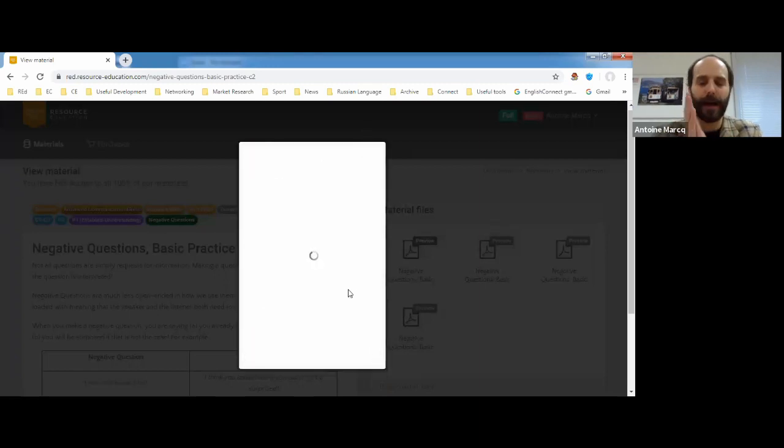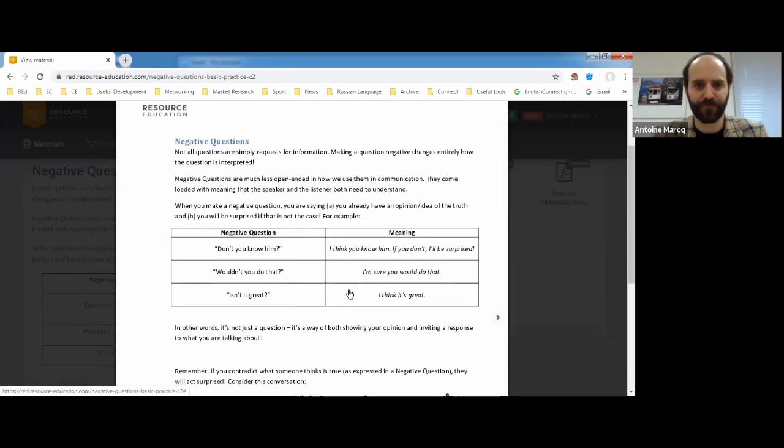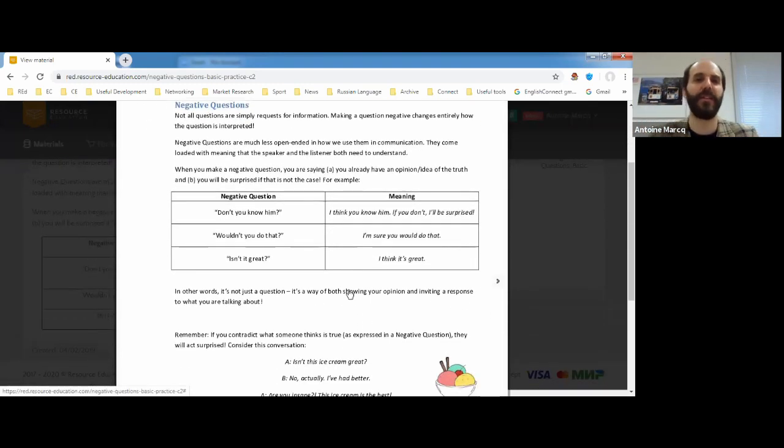I want to start with this one because this is not a difficult soft skill lesson. We're going to focus on the simple fact that not all questions are simply requests for information. And this is very important. In real life communication, questions are really not simply a request for information a lot of the time.